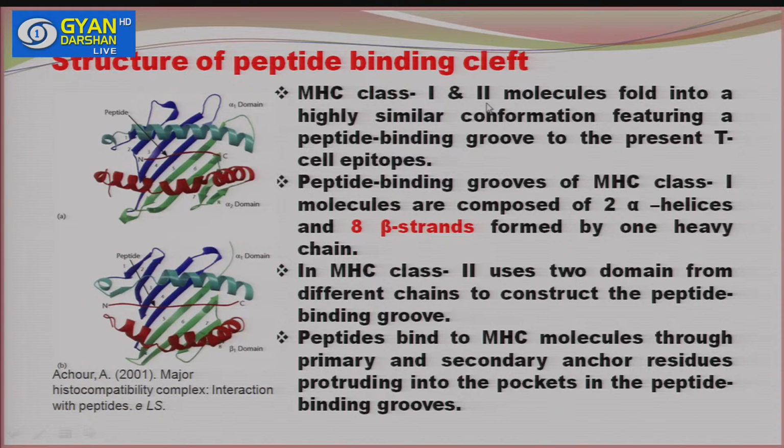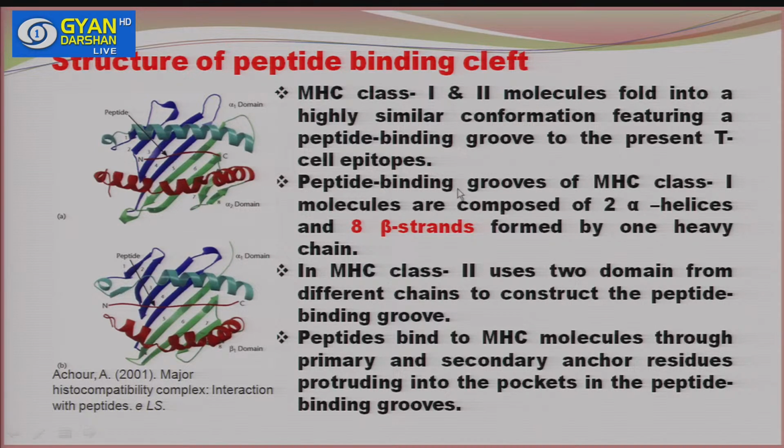So MHC class first and second molecules fold into a highly similar conformation featuring peptide binding groups to present T cell epitopes. They will bind basically the T helper cells and T cytotoxic cells. They act as epitopes. They have the particular peptides, the antigenic peptides, which ultimately your T helper cells and T cytotoxic cells will recognize.